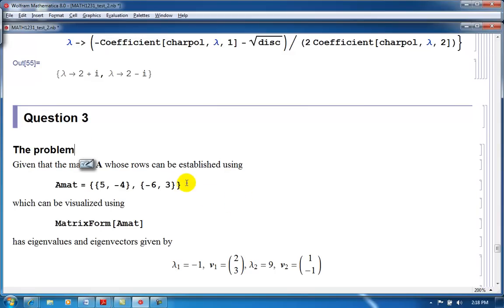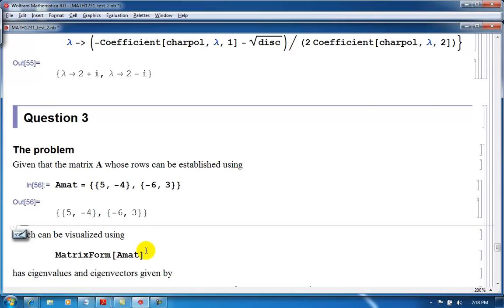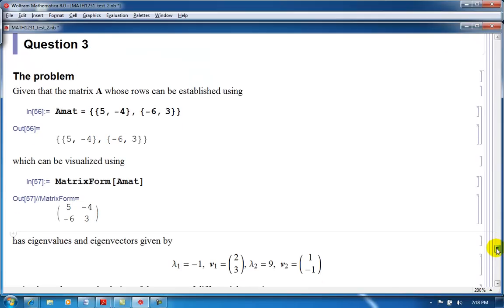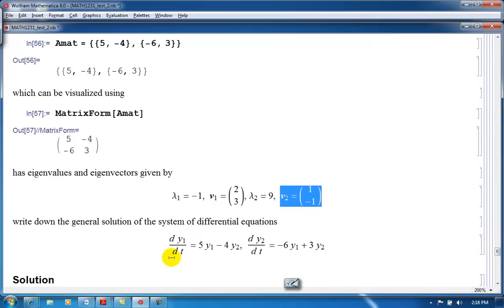So we've got a matrix A, which we can establish using that, and view as a matrix using that, and we're told that its first eigenvalue is -1, and its first eigenvector is 2, 3, and the second eigenvalue is 9, and the second eigenvector is this one here. And we're asked to write down the general solution of this system of differential equations.